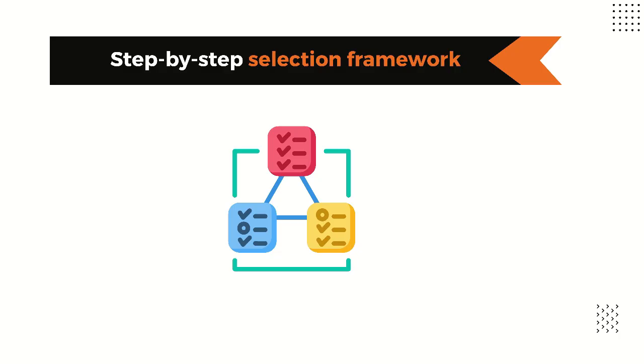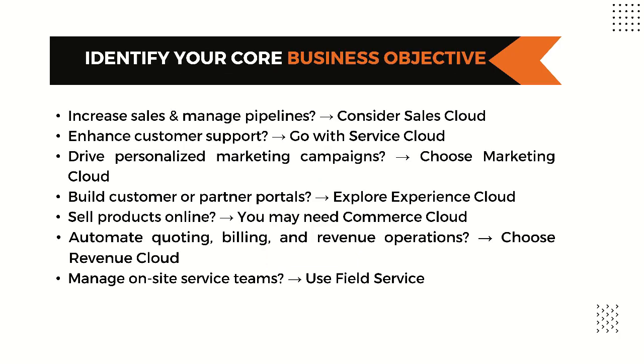So, the step-by-step selection framework. First, identify your core business objective. For example, if the business is looking at sales, managing the pipeline, and forecasting revenue, that is when you need to think about choosing Sales Cloud. And if the business's core objective is providing customer support to their customers, handling cases, managing escalations, entitlements and so on, then it is going to be Service Cloud.